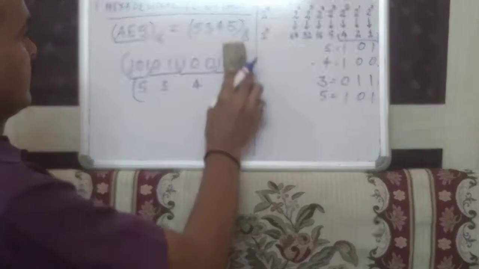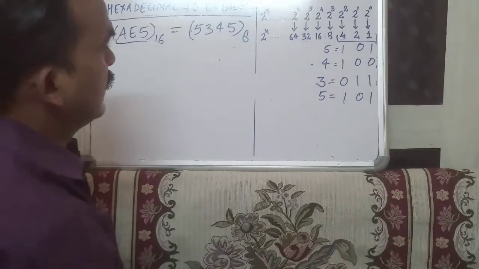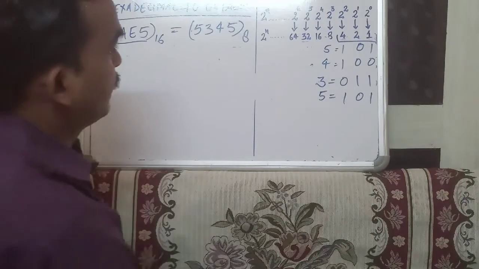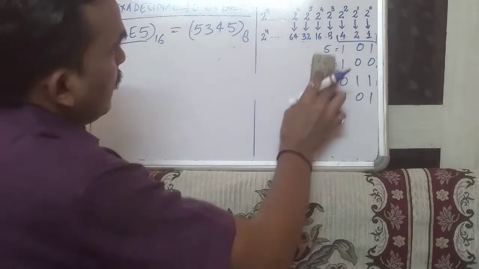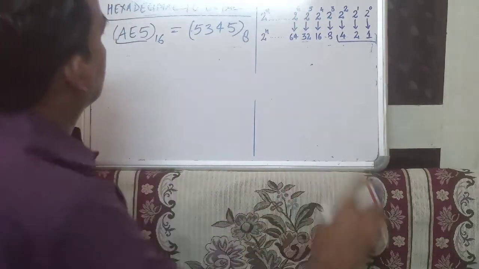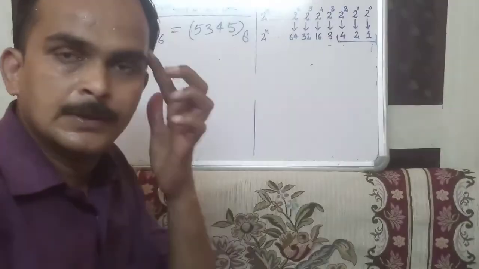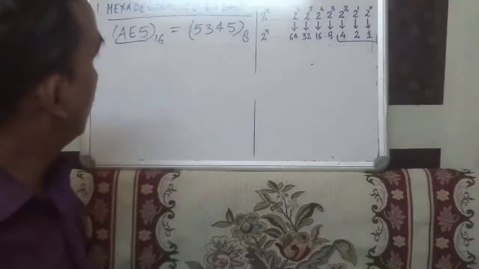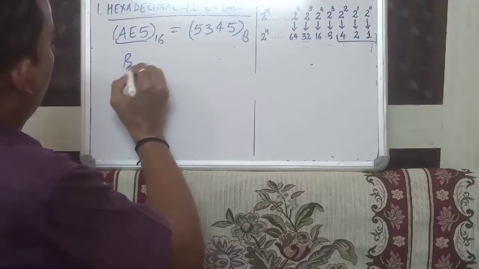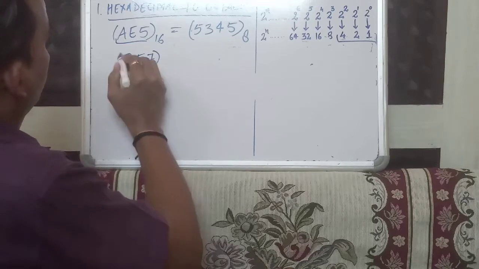Clear? So these are simple calculations, and by using this calculation we can convert a hexadecimal number to an octal number. So you can also try another number. Suppose we have some number BE7.